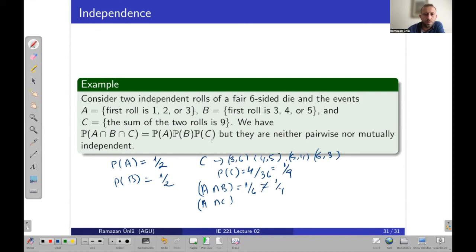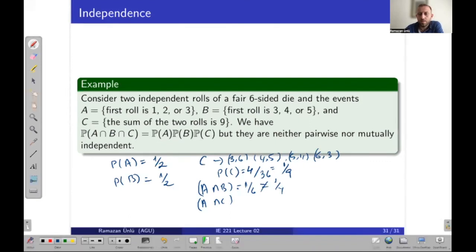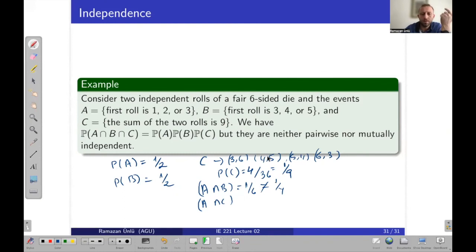So there is no common point, right? Because A will get only the one value, right?